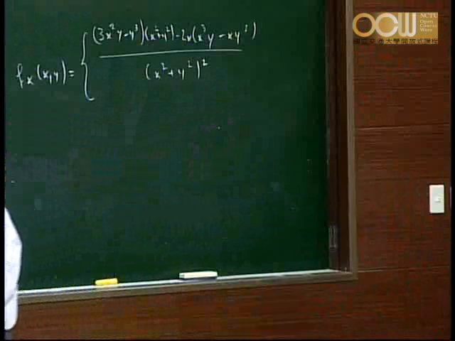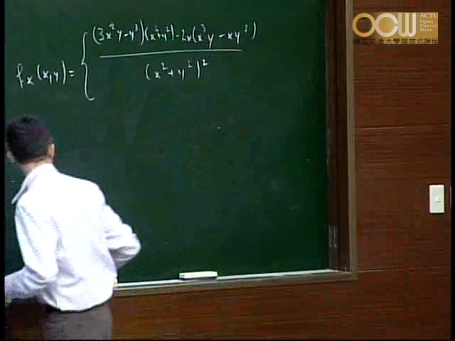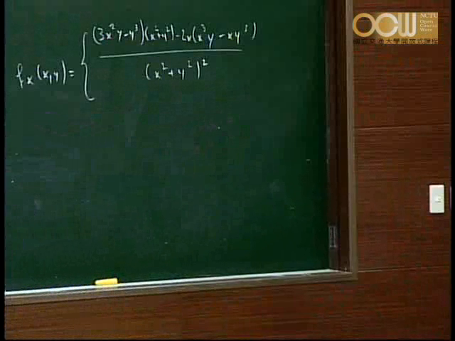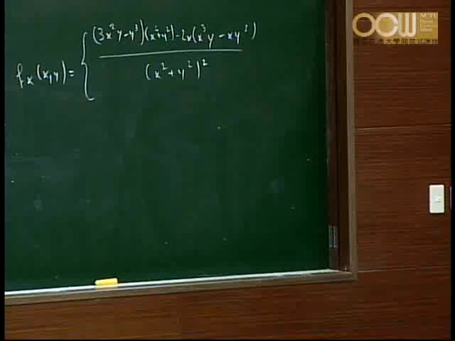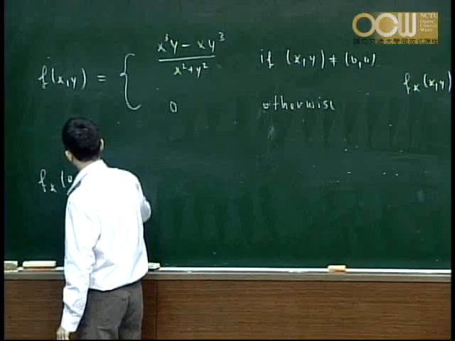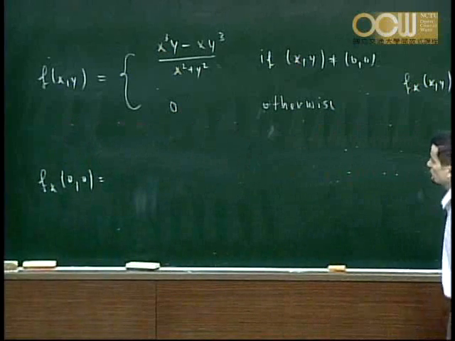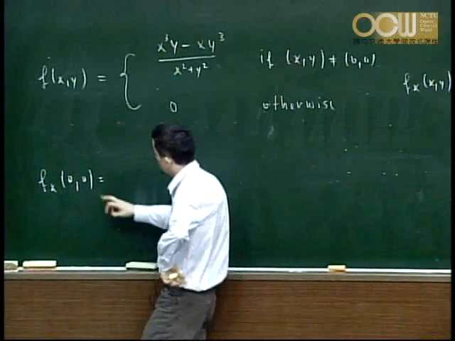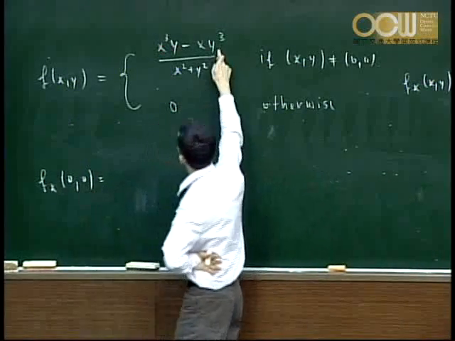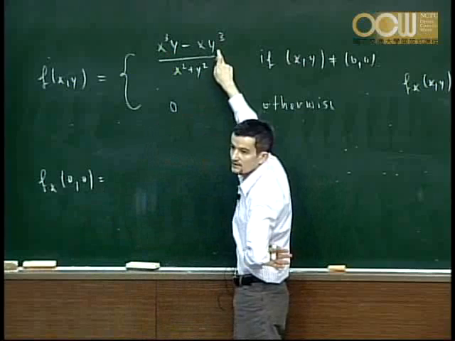Okay, so this is if x, y is not equal to 0, 0, but we have to do things differently for f_x at 0, 0. Okay, so here we have that y is equal to 0. If y is equal to 0, this function is equal to 0. Okay, and we have this point here.